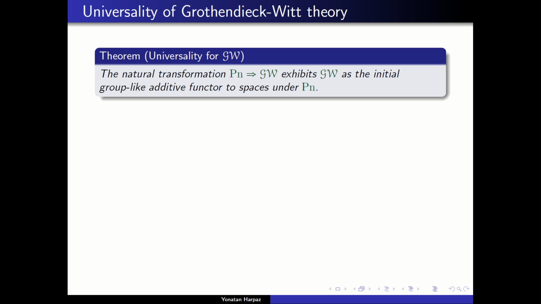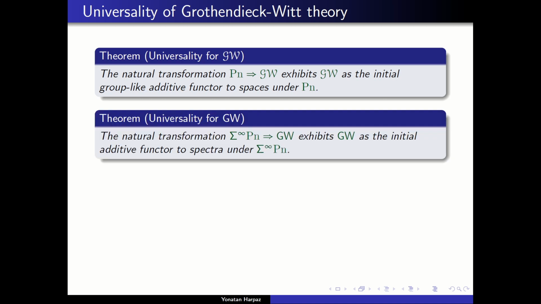And we now come to the last topic that I would like to talk about, and that is the universality of Grothendieck-Witt theory. So we proved two universality statements. The first is universality for the GW space, and that is the statement that the natural transformation from Pn to GW exhibits GW as the initial group-like additive functor to spaces under Pn.